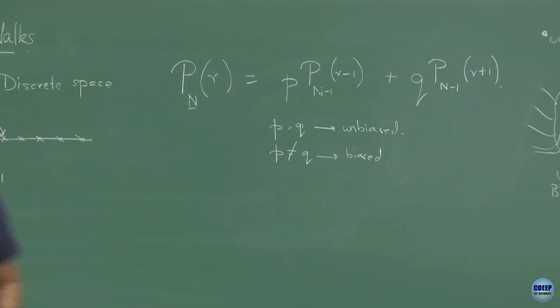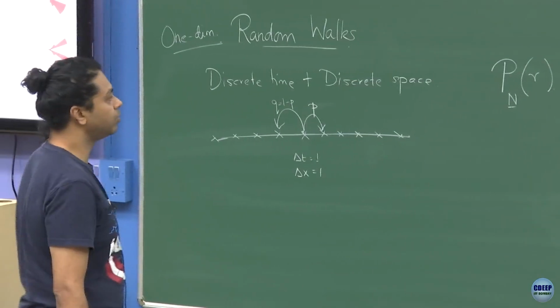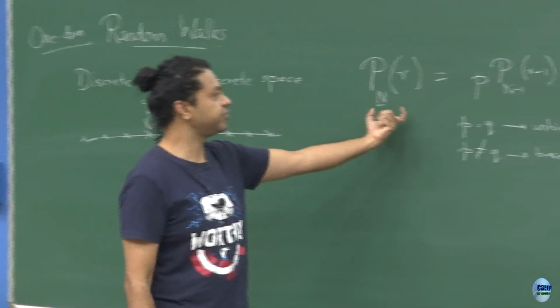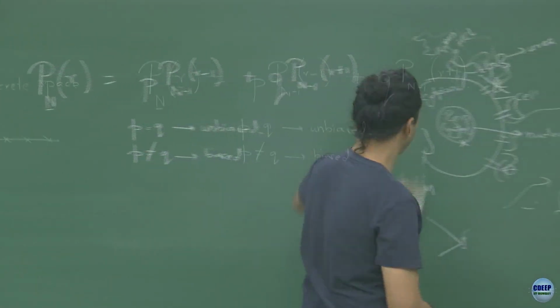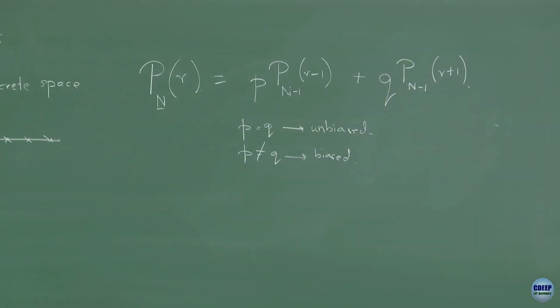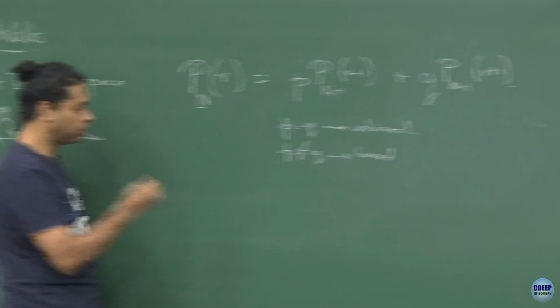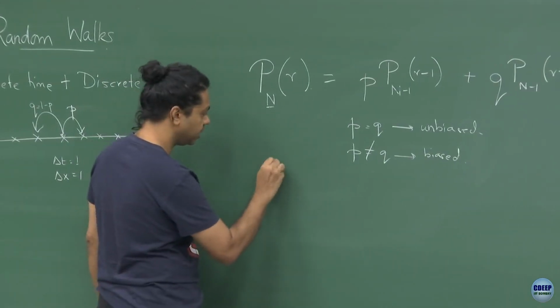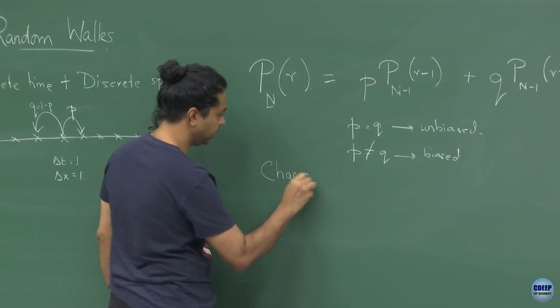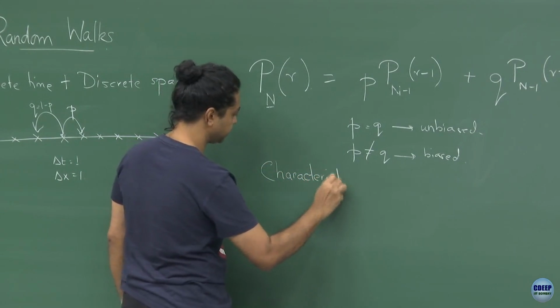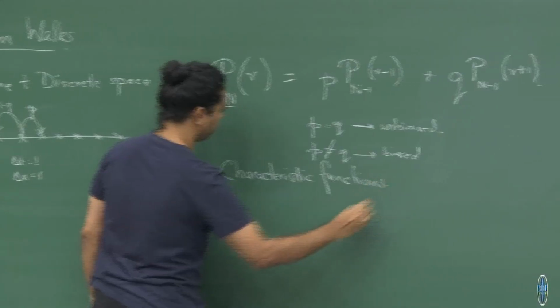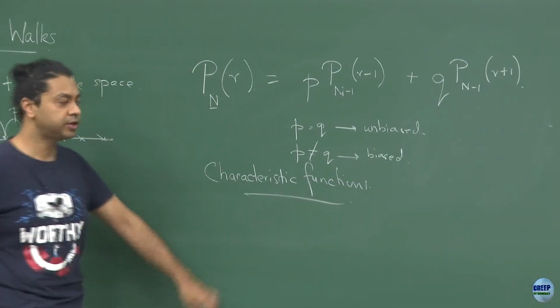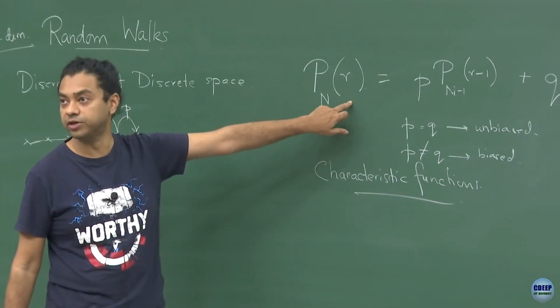All right. And what I want to ask in general is, what is this P_n of r, given that it satisfies a recurrence relation like this. Remember, when we were talking about probability distributions a couple of lectures back, we defined characteristic functions, which were the Fourier transform of the probability distributions.